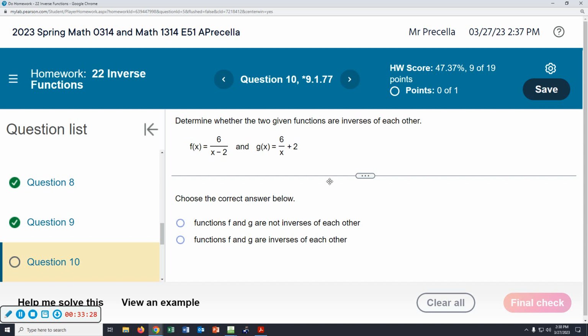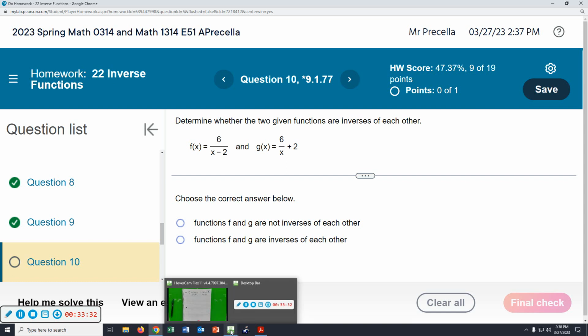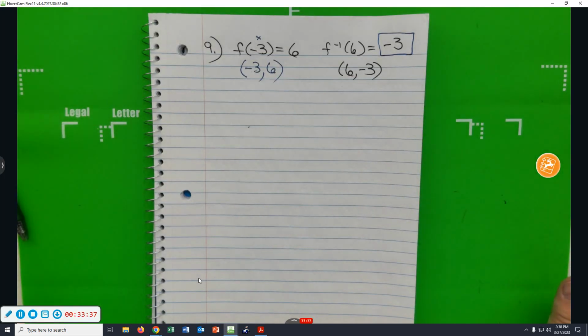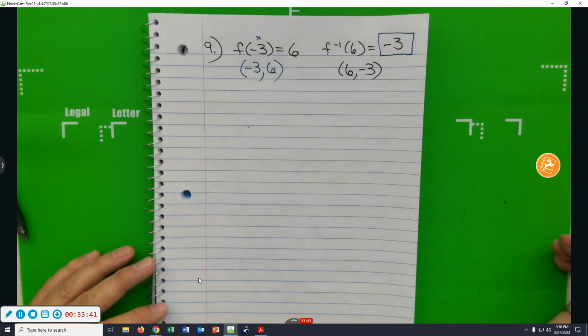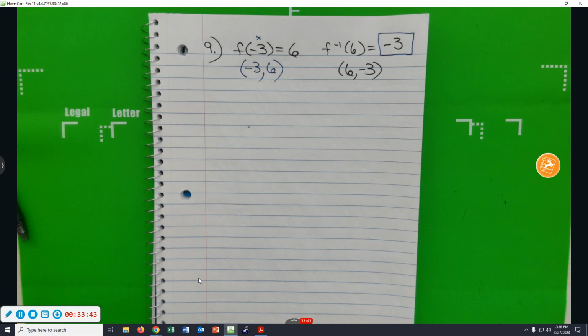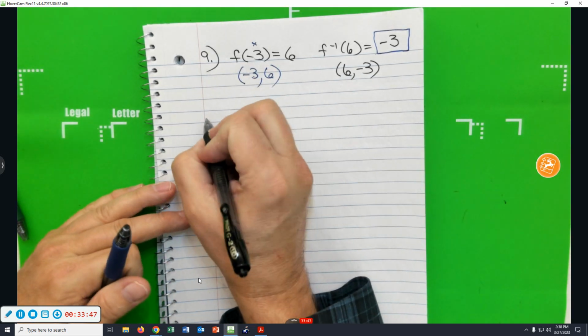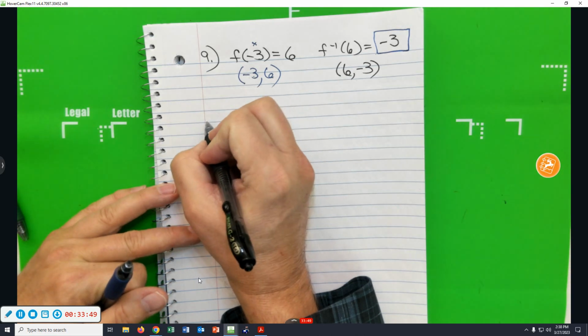Okay, and now it's time. First of all, I'm going to write the formal definition of inverse function. We know what an inverse does. We know it reverses the x and y coordinates. We know that. But we need an algebraic definition of inverse function.